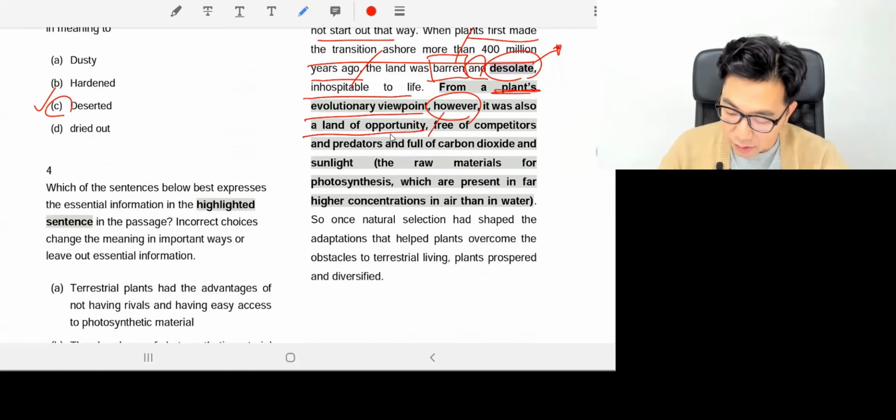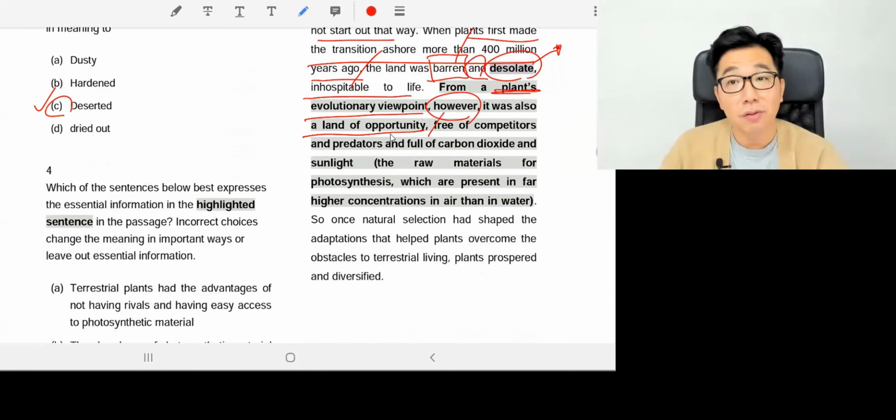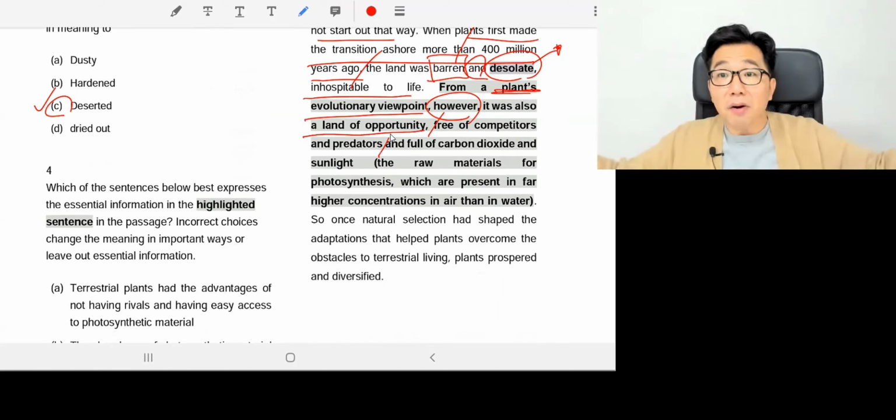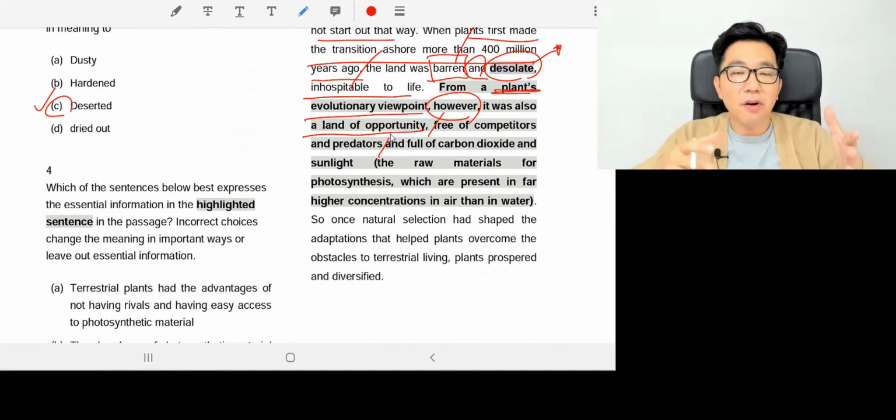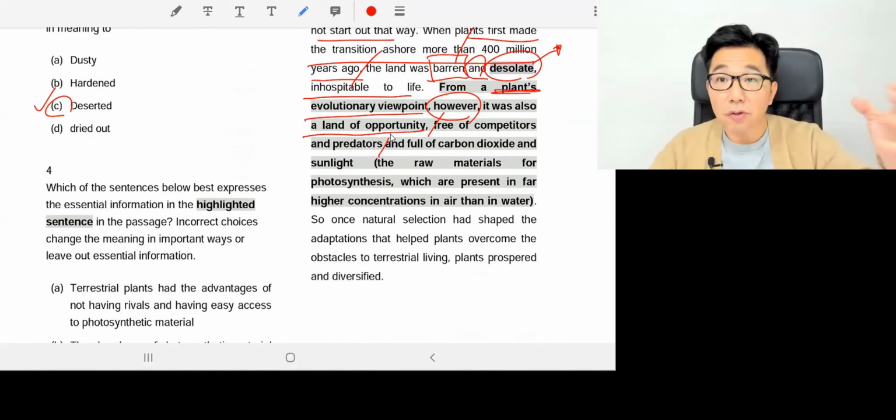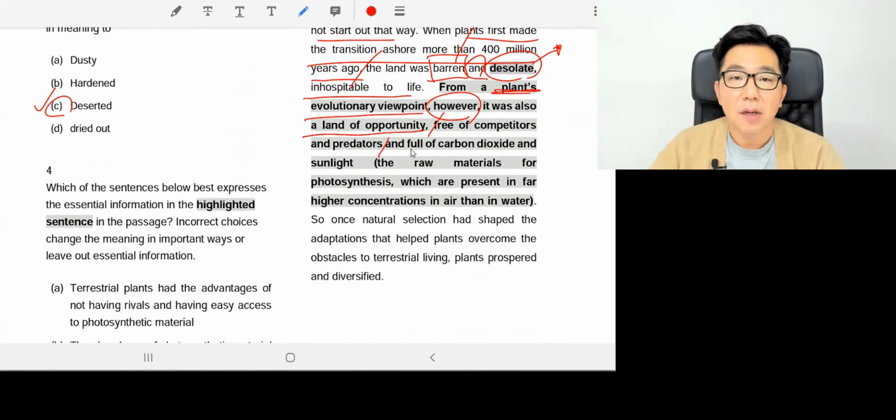Free of competitors and predators. That's true. There's nothing there. So how can you have competitors or predators that will kill you? It's completely empty. So if you can survive there, maybe it's an opportunity, right? To thrive, to grow there, to live, to survive, if you are able to survive.